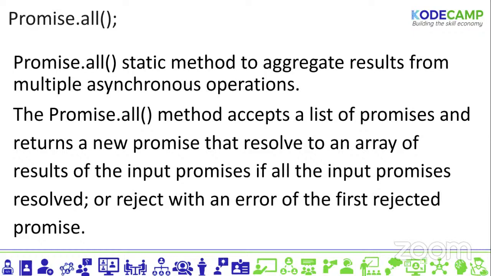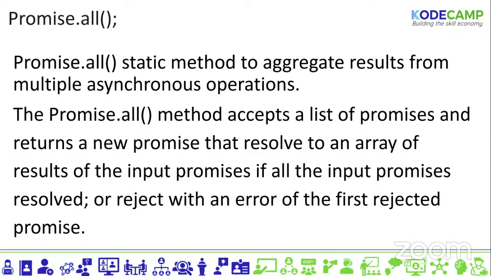So you can create 5 promises, and then you want to run all those promises at the same time. You use the promise.all method to aggregate and call all the promises you want to call at the same time. Then it will return the values of those promises.